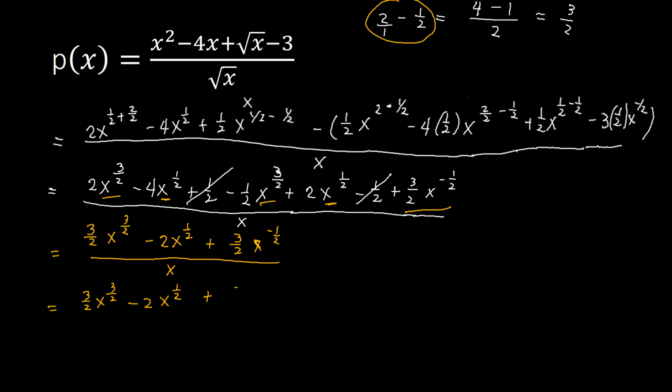So that will become a 3x to the power of negative 1/2, and then over 2. Or maybe not. So you can have it like this. And then get the reciprocal of that one. So that will be 1 over x to the power of 1/2, and then that's over x.